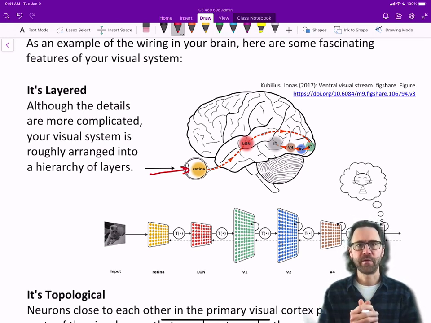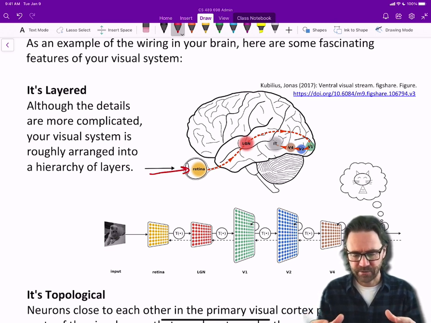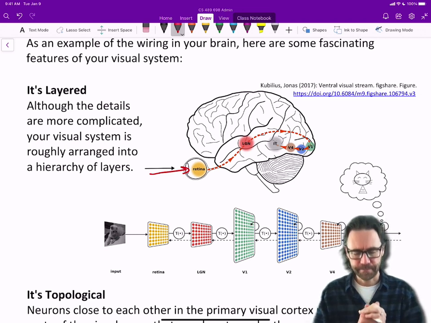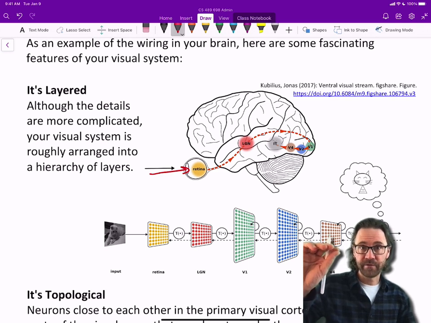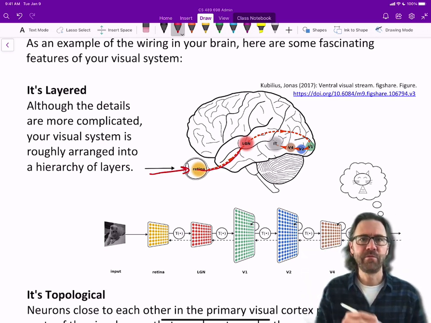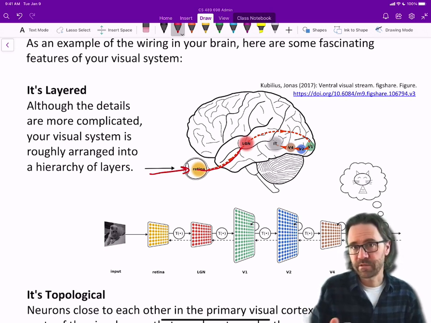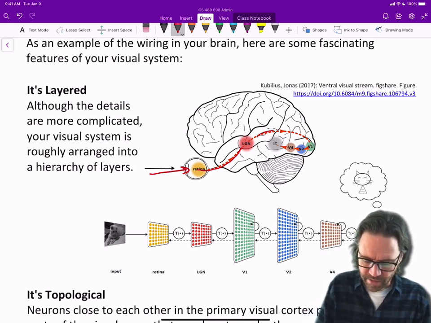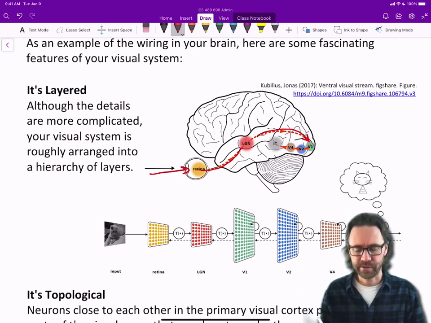So it's the only part of your brain that's actually outside of the brain case, I guess you could say. But your retina is an extension of your brain, and there are neurons that go all the way through the optic nerve to the lateral geniculate nucleus. I don't expect you to memorize all these names, but just for those who are interested. LGN, lateral geniculate nucleus, and then into the back of your brain where most of the visual processing starts.